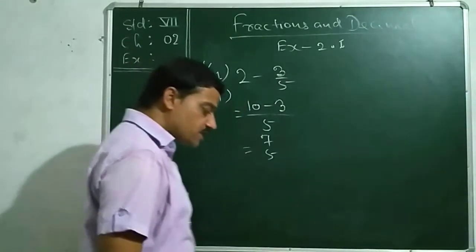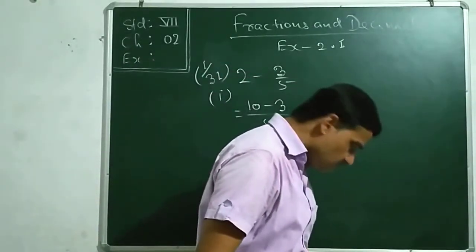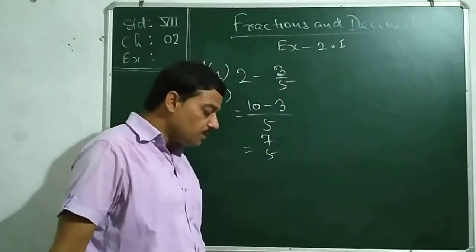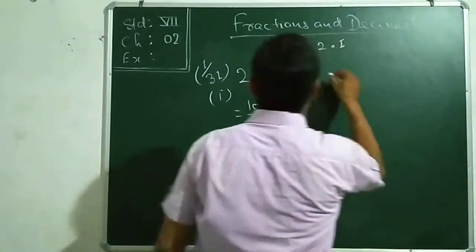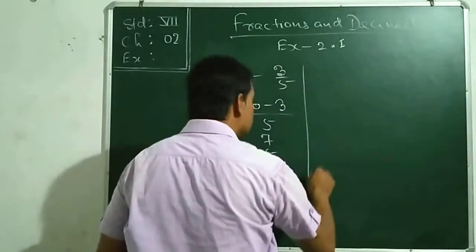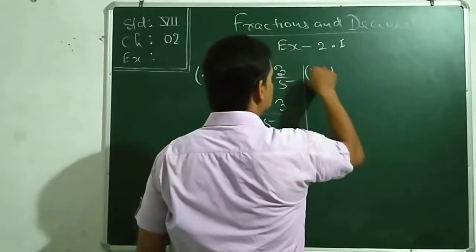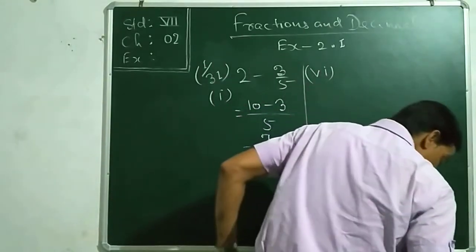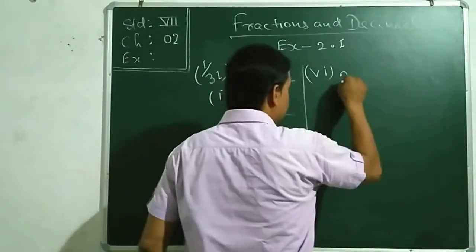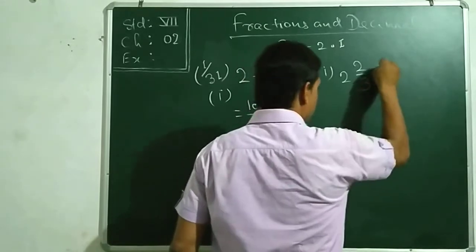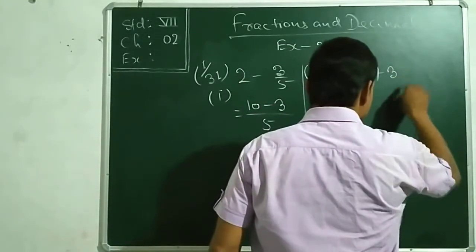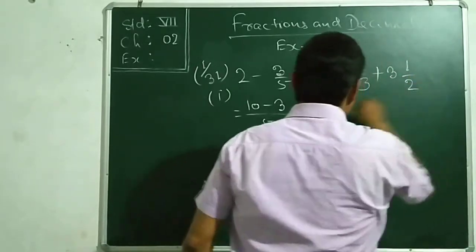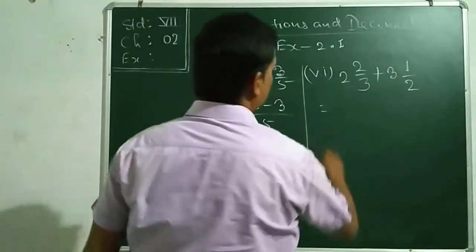The second and third, very similarly you can solve. The longer one is the 6th number: 2 whole 2 by 3 plus 3 whole 1 by 2.